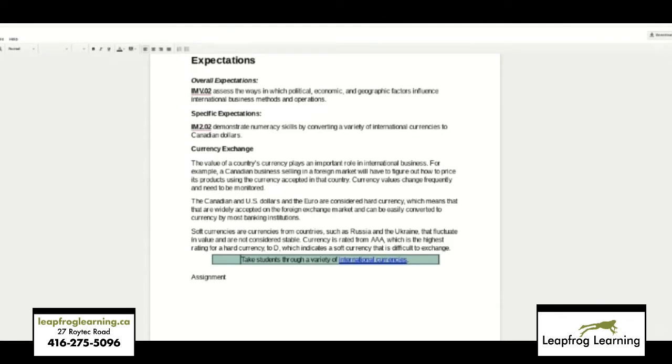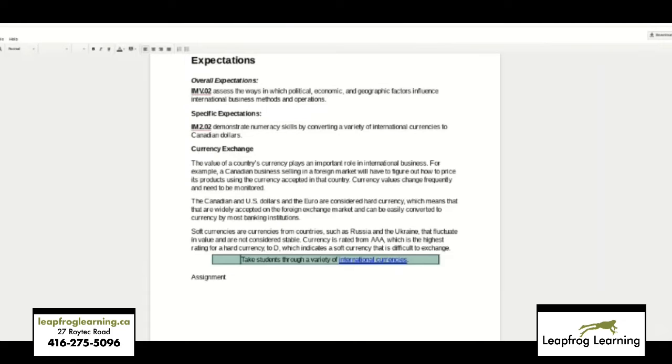is mandatory. The Canadian, the US, and the Euro tend to be what we call hard currency, which means that they don't fluctuate as much and are widely accepted on foreign exchange markets. They can be easily converted. Most places will certainly take American dollars.